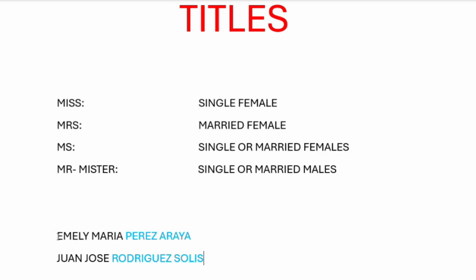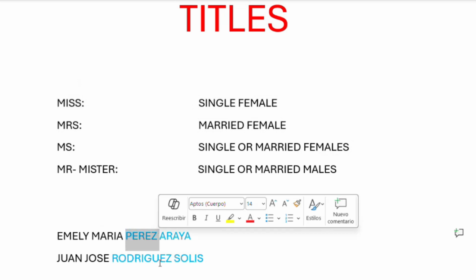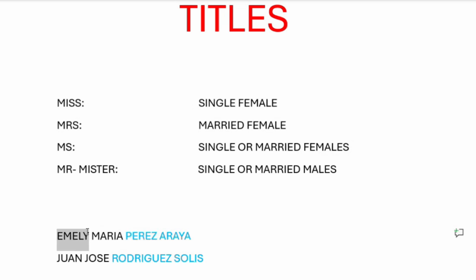For example, Emily is single. A single female, a single woman. Then I'm going to be very respectful, and I can say, Miss Perez, how are you today? Hello, Miss Perez, how are you today? Amazing. And never say, hello, Miss Emily. No, because that is wrong. Next, well, this is life.